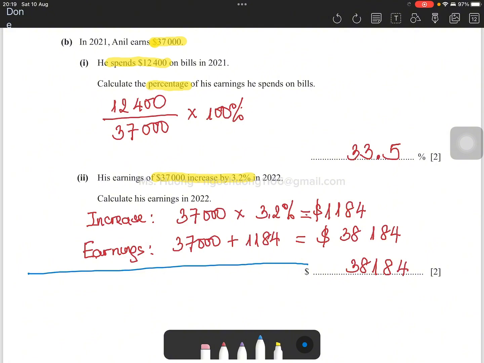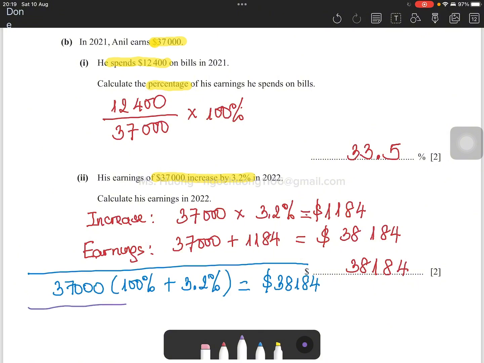And there is another solution. Suppose that at the beginning he earns $37,000, and this corresponds to 100%. If he increases this by 3.2%, then he will have 103.2%. And this will also give you the same answer, 38,184.